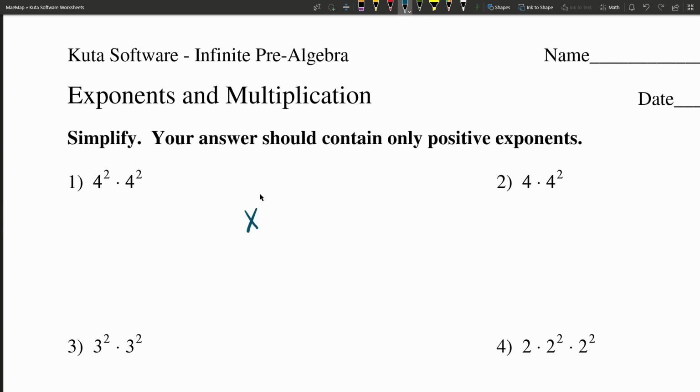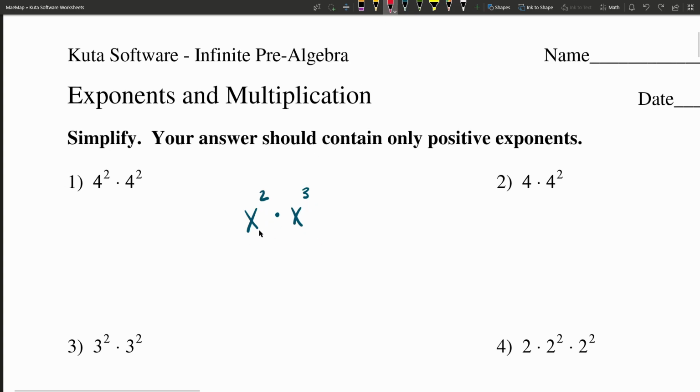So let's start with x to the 2. X here is my base and 2 is my exponent, or my power. Now let's say that this is multiplied by another term that has the same exact base. So times x, there's my base, but this one is going to have an exponent of 3.